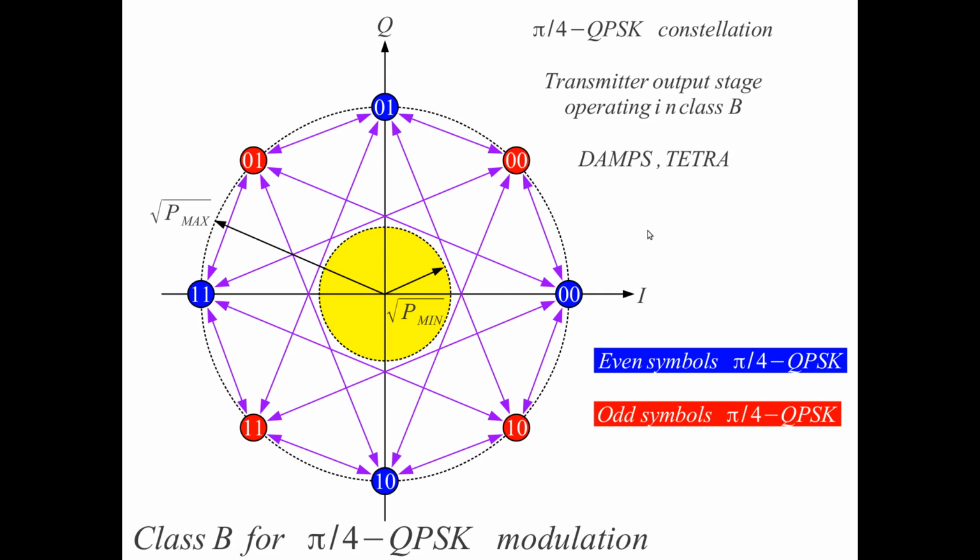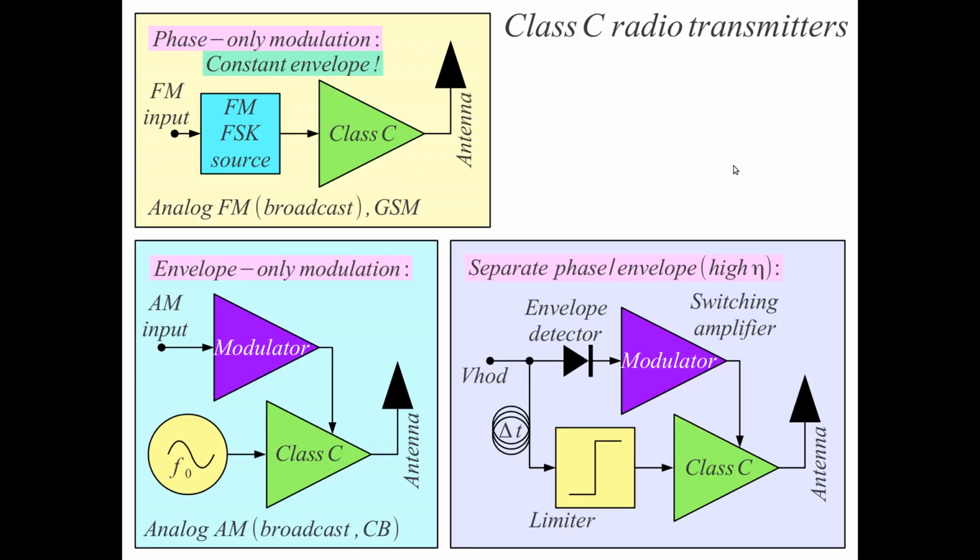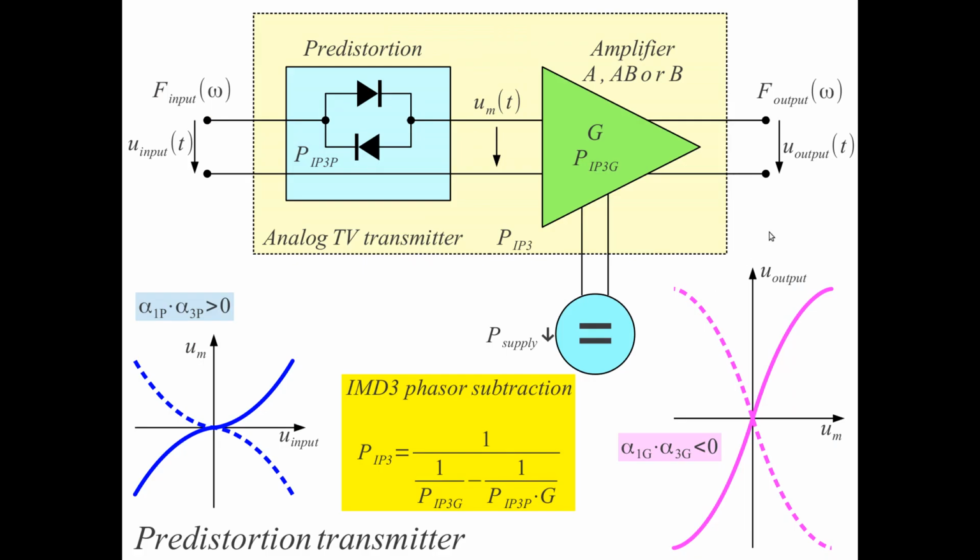This was actually used in mobile radios like the Digital Advanced Mobile Phone System in the United States, or the Tetra European system for mobile radios. So this was very, very complex.